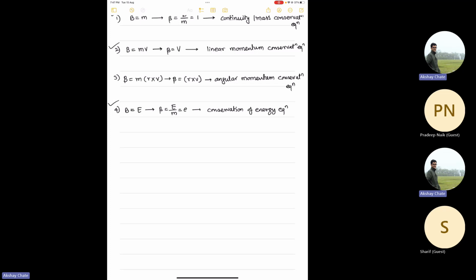So this d by dt term, let's say the system. So this is what we call the total derivative. I think somebody calls it material derivative also.